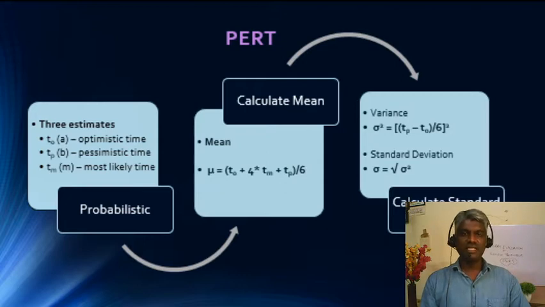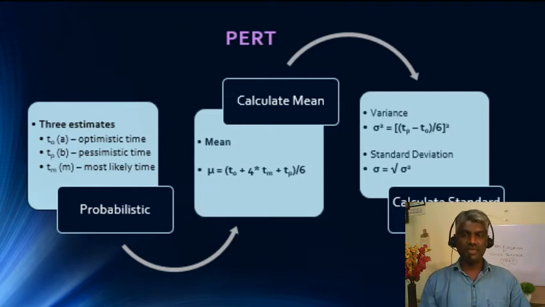And with these three estimates, we are going to calculate the time of completion of an activity using this mean formula: Mu is equal to TO plus 4TM plus TP divided by 6. If you look at the formula, you can see that the most likely time gets 4 times the importance of the optimistic time and the pessimistic time.